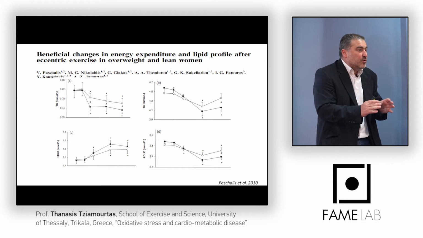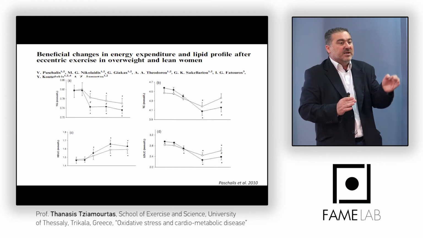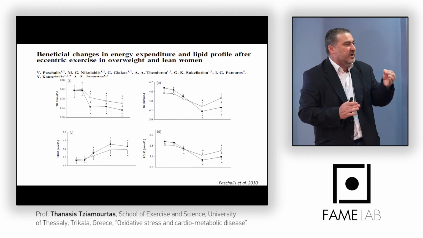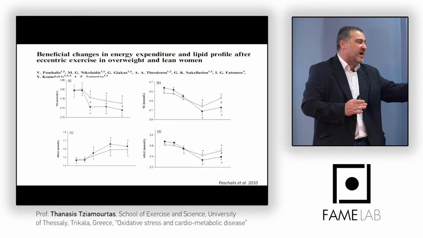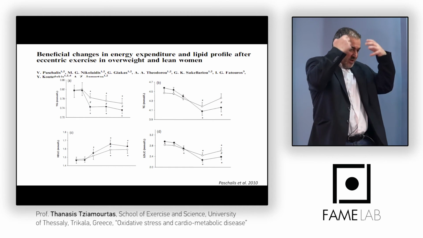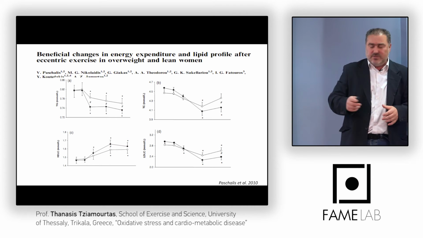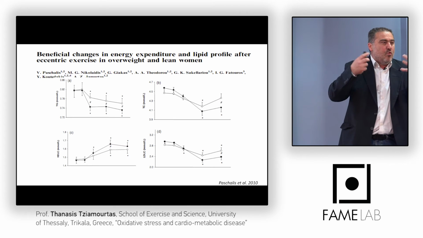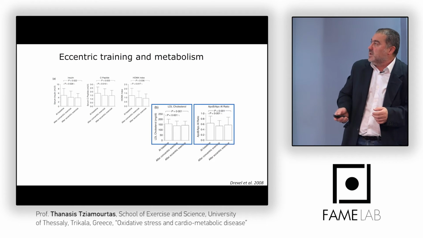And we ran another experiment and we see that the perturbation in the lipid profile is different between overweight women and normal weight women. So it has to do with body type and in general the BMI as well.